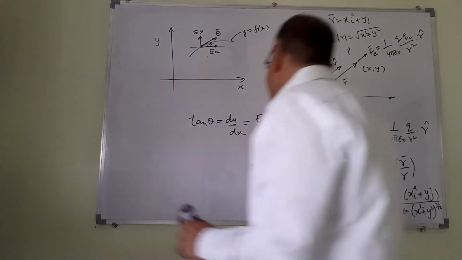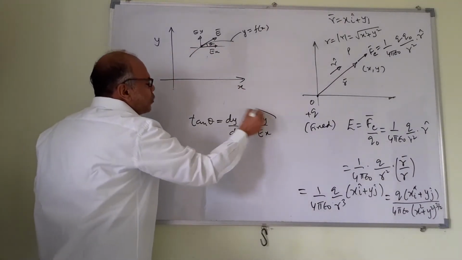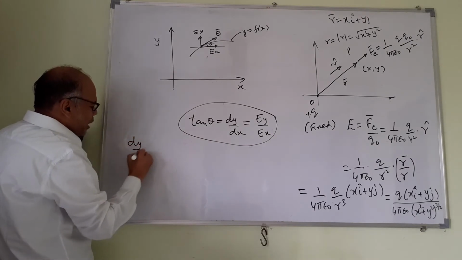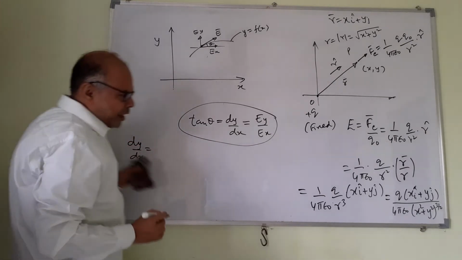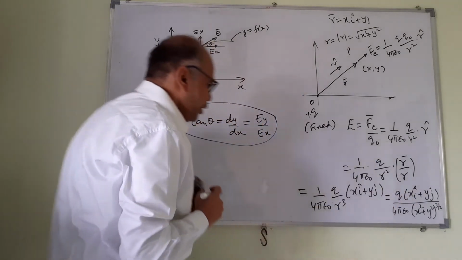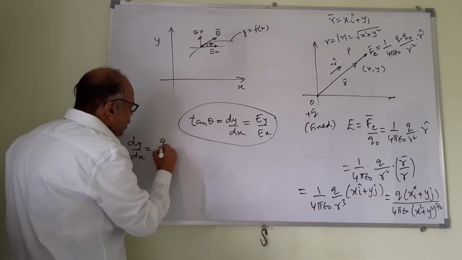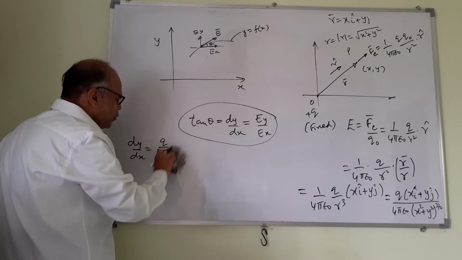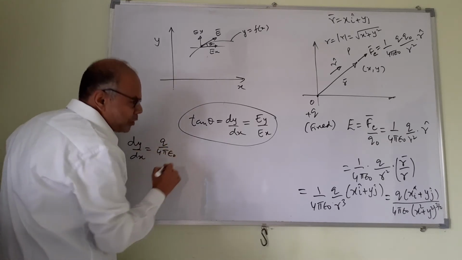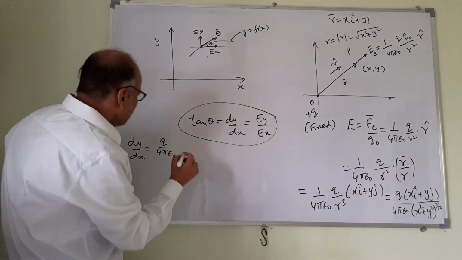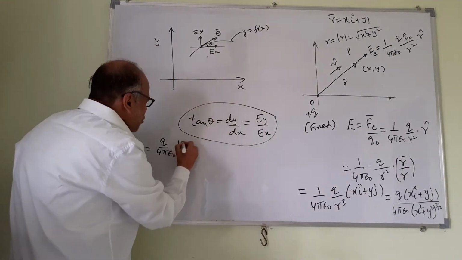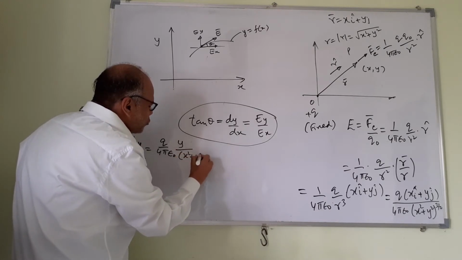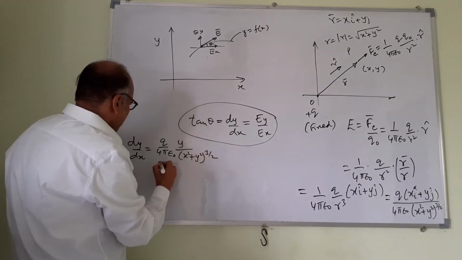So from this equation I can get what is Ey. So I can say dy by dx is equal to Ey by Ex. What is Ey? It is the y component. The y component is q by 4 pi epsilon naught y divided by x squared plus y squared raised to 3 by 2.